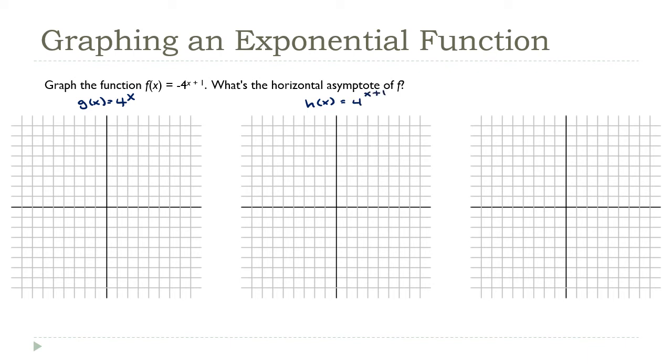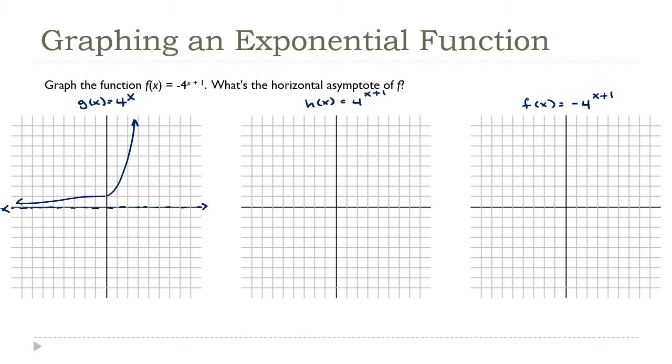It's going to be a side-to-side translation. And then finally, we will get to f of x equals negative 4^(x+1). All right, so 4^x, this is just your standard exponential equation. Sorry, my art skills are a little hit or miss.